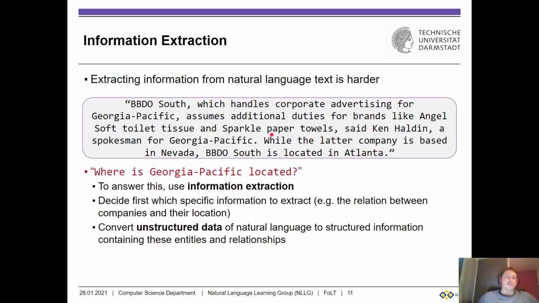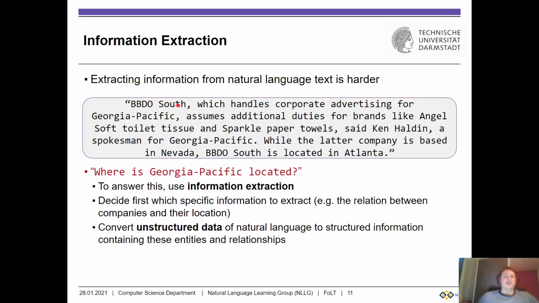Let's assume this is our text, and now we have the question, where is Georgia Pacific located? What makes the extraction of such structured information from the unstructured text difficult is that we have a lot of different company names or brand names in this text.